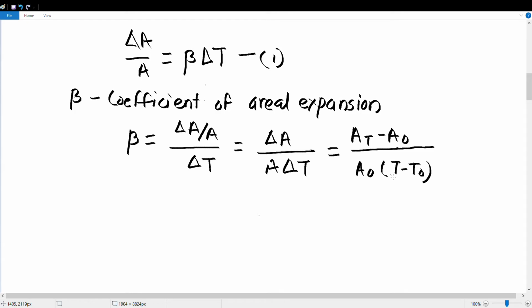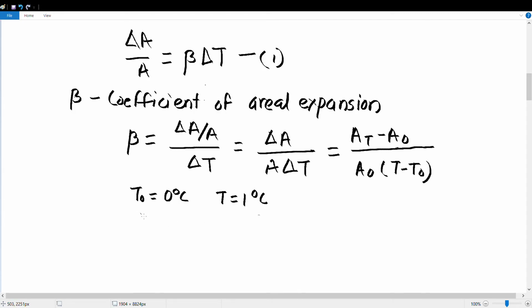Now let us consider that the initial temperature T0 is 0 degree Celsius and the final temperature T is 1 degree Celsius.